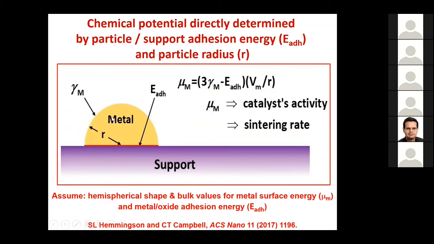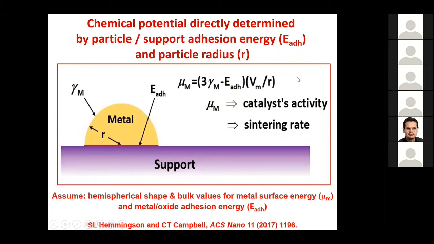And so we considered here a hemispherical particle attached to a support. And the adhesion energy is the binding per unit area between the metal and the support. And when you go through the same derivation of chemical potential, you get that it's 3 times the surface energy of the metal minus the adhesion energy at this interface, times that same molar volume divided by the radius.